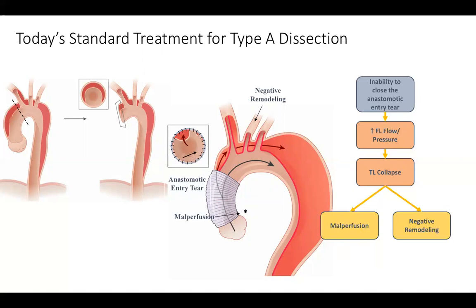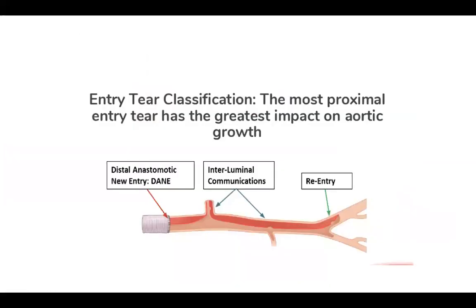This is the negative remodeling we talk about, because these arches grow and then they have to come back for a redo operation 5, 8, or 10 years later, if they're fortunate enough to have survived. And that, as you know, is a very, very big operation associated with a lot of mortality and morbidity. So if we can avoid that negative remodeling, that aortic arch growth, and them coming back, then that would impact their lives very significantly.